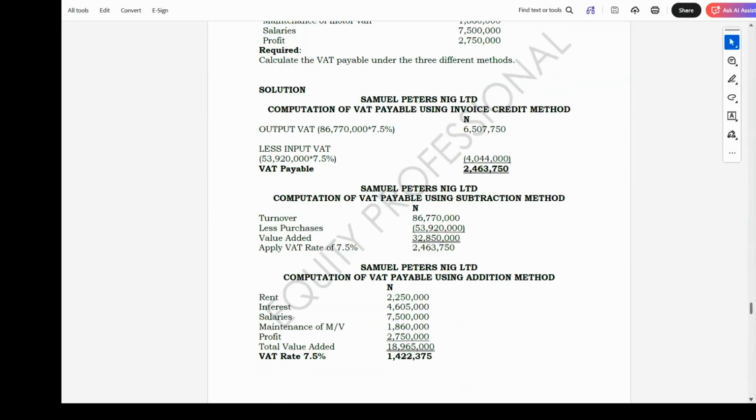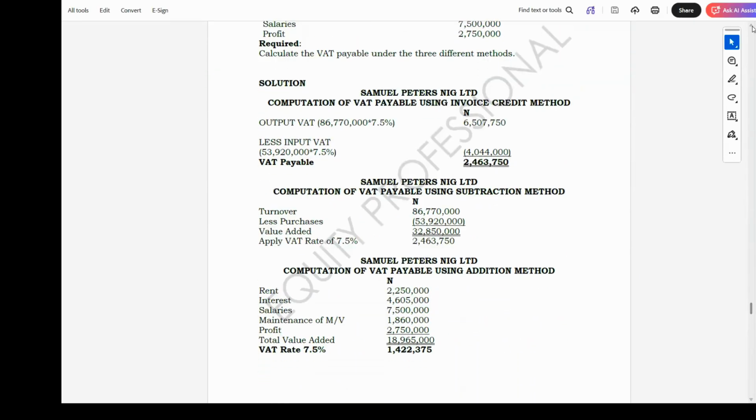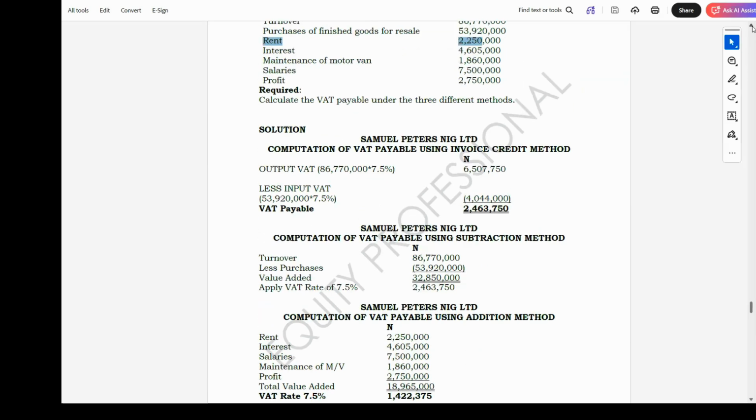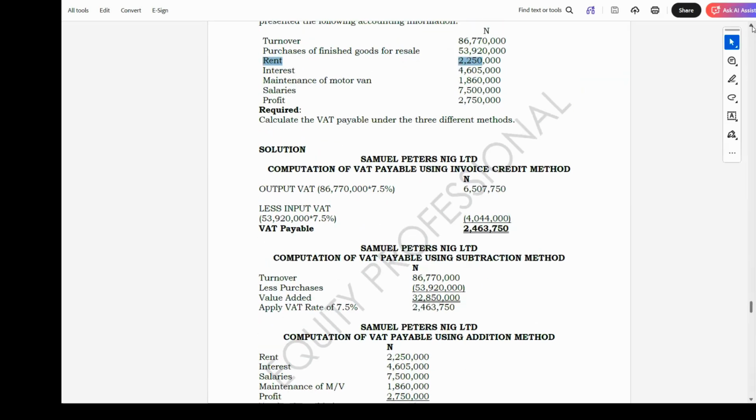Land. What are the four factors of production? Land, labor, capital, and entrepreneur.